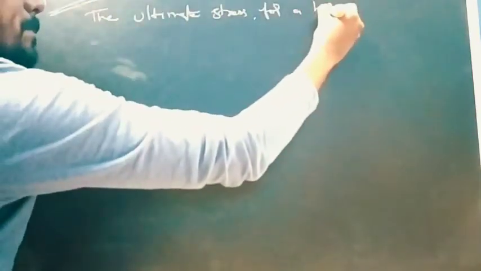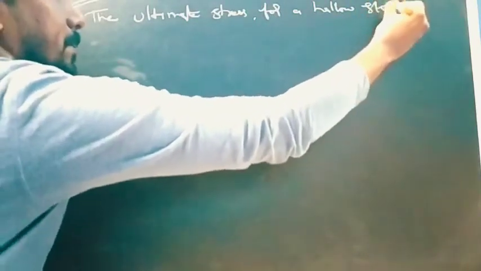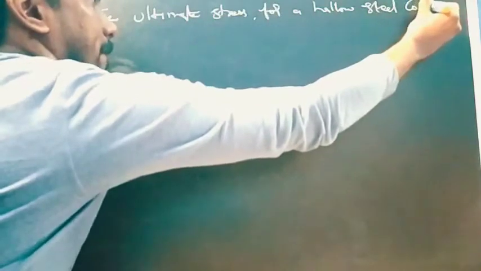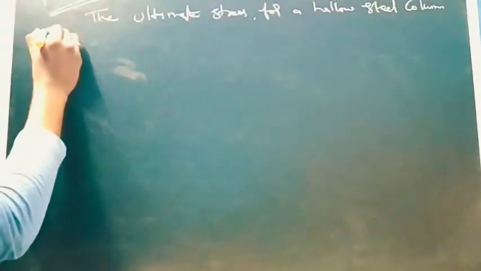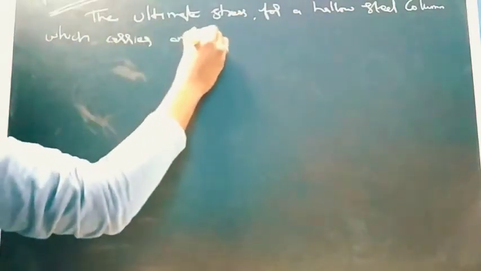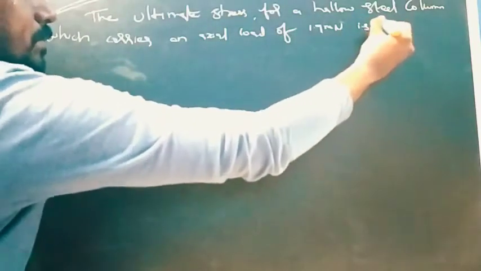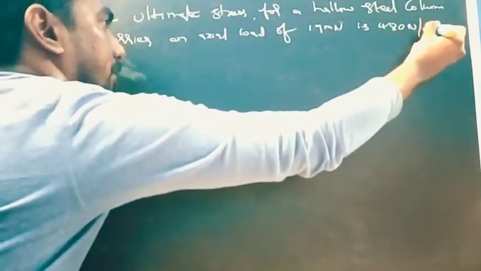The ultimate stress for a hollow steel column which carries an axial load of 1.9 meganewton is 480 Newton per mm square.